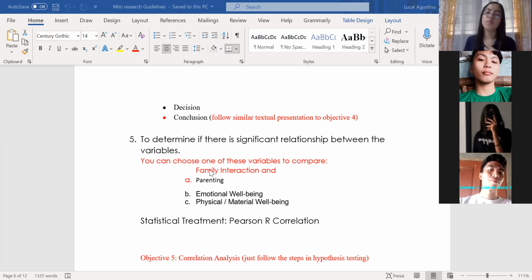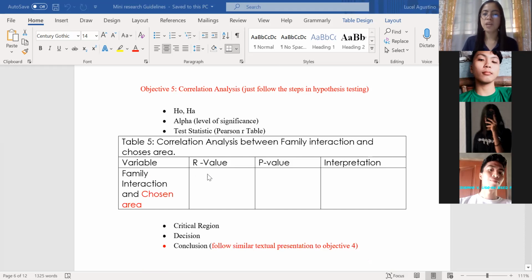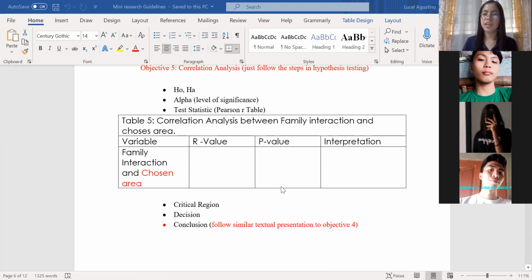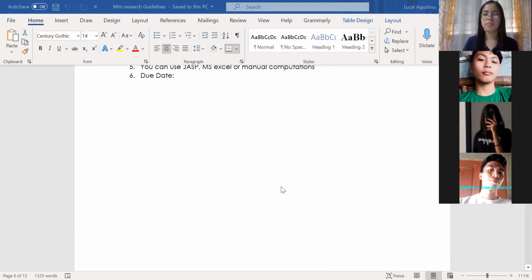If family members really interact, their emotional well-being is very happy, they are satisfied. So is there a correlation, is there a relationship? Same process, the R value, the p-value, and then just do the interpretation.